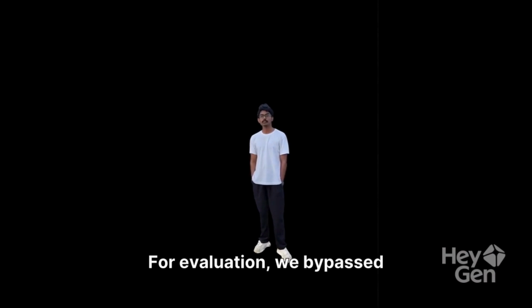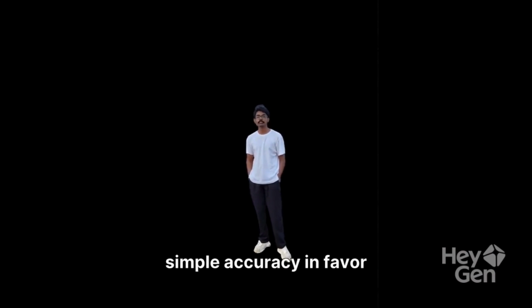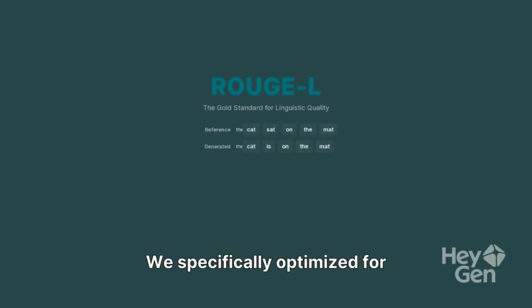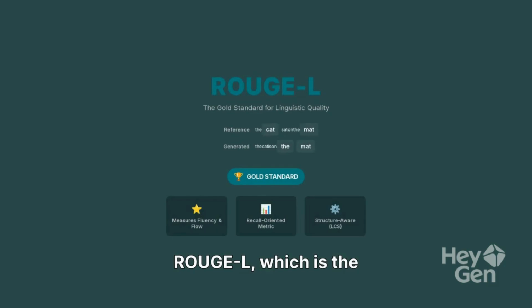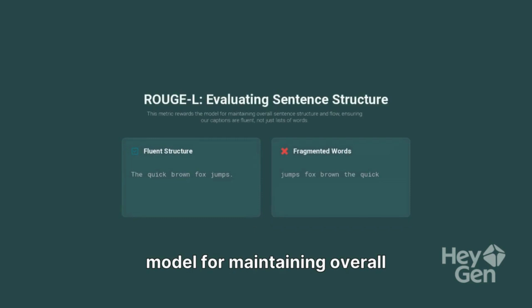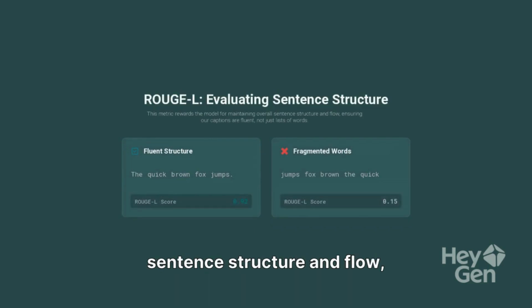For evaluation, we bypassed simple accuracy in favor of the more nuanced ROUGE metric. We specifically optimized for ROUGE-L, which is the gold standard for linguistic quality. This metric rewards the model for maintaining overall sentence structure and flow, ensuring our captions are fluent, not just lists of words.